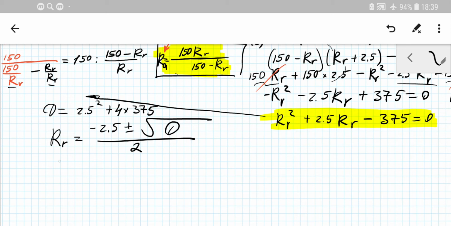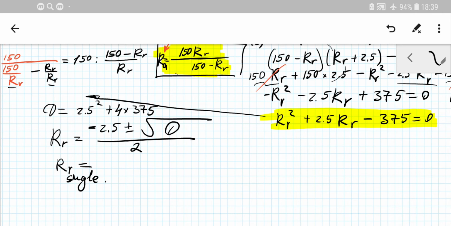Let me see. That's the only solution, because if you subtract, minus 2.5 and minus the square root of the discriminant, no matter what the discriminant is, we get a negative solution. So we've got only the single, positive rate.